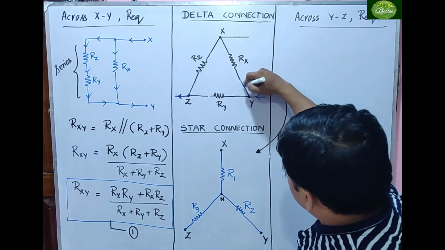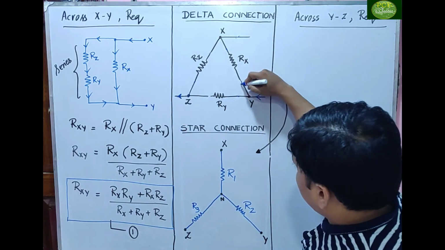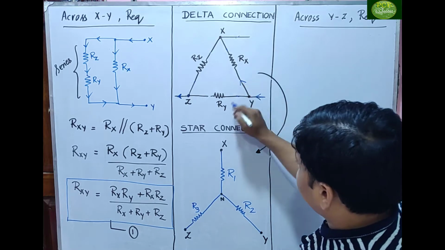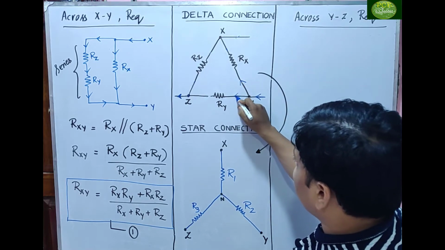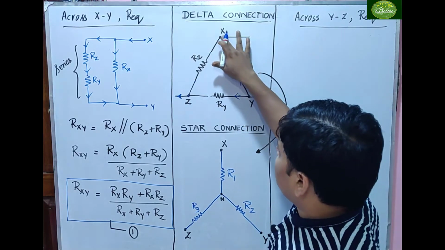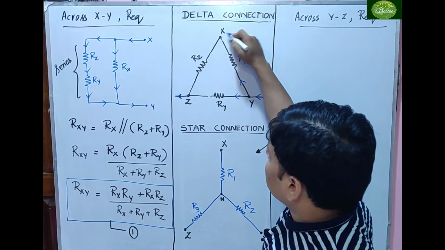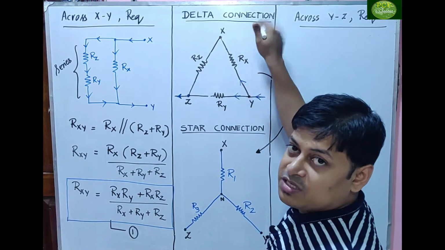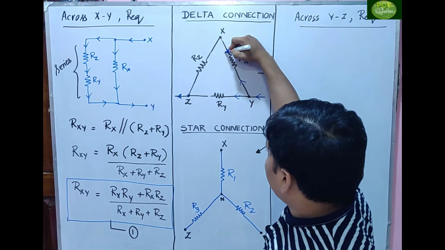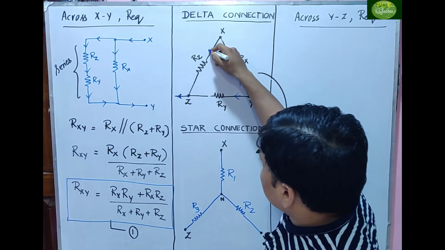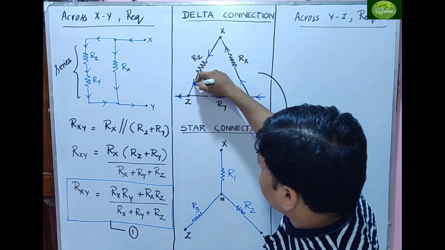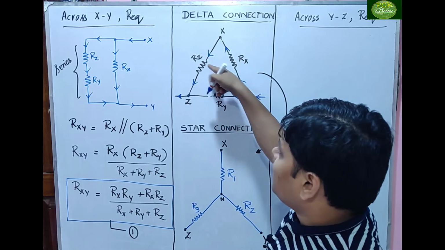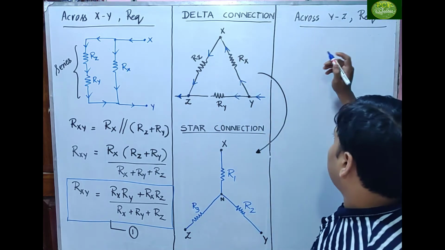What will be my current direction? As soon as it enters into the Y, the current will be divided. Definitely the current will be divided. But other terminal is open. Can it pass this side? No, because no other circuit is present. So the current flowing in the Rx and the current flowing in the RZ will be same. So Rx and RZ will be treated as in series.